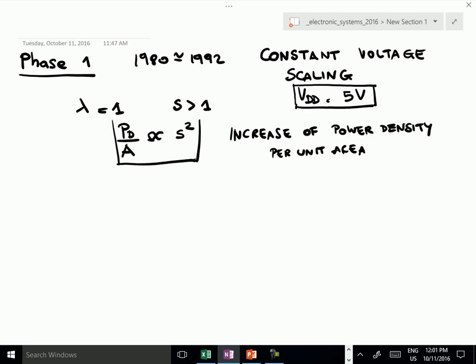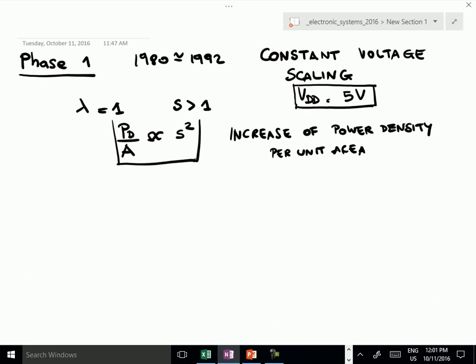If you assume that the total area of the chip remains constant, it is actually not true, because also the area of the chip is increasing. But let us assume for the moment that the chip area becomes constant. The power consumption of the whole chip goes up as S squared. So generation after generation, you have an increase of the total power consumption that at some point becomes unsustainable.